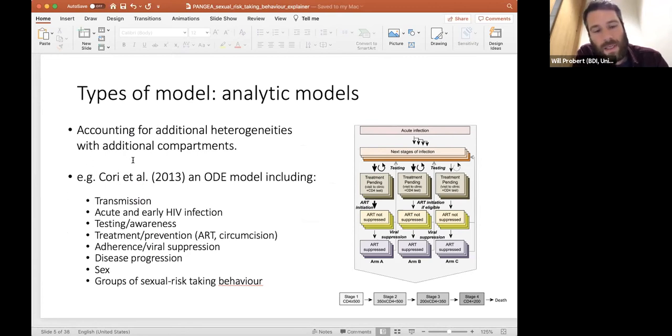As an example, the model published, led by Anne Corrie, that was a precursor to the main Popheart model that I've been working on, was an ODE model, and it included many different compartments: not just transmission and infection status, but also early and acute HIV infection, testing and therefore awareness, different treatment compartments, circumcision, adherence, and viral suppression, and different compartments of disease progression, sex, and groups of sexual risk-taking behaviour. So these sorts of models can be very complex.